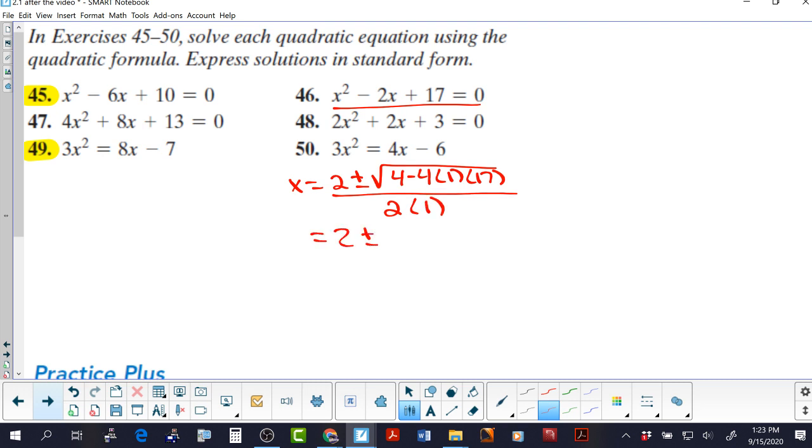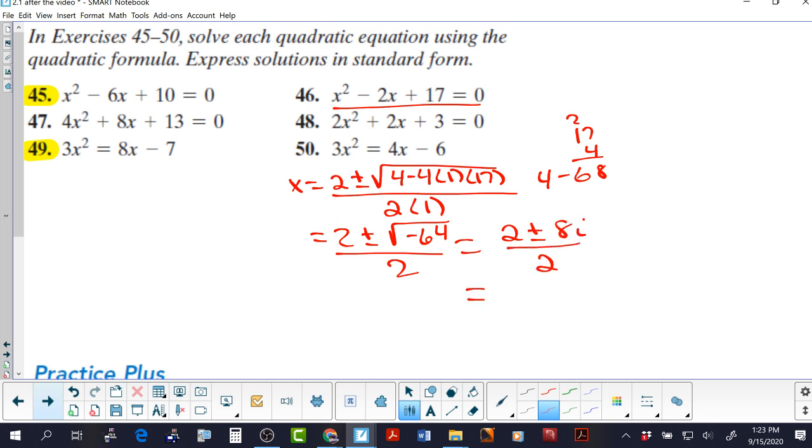So 2 plus or minus square root of, let's see, 17 times 4, 28, 2, 68, 4 minus 68 is negative 64 over 2. But that's 2 plus or minus 8i over 2. And then we can divide each of them by 2. 1 plus or minus 4i.